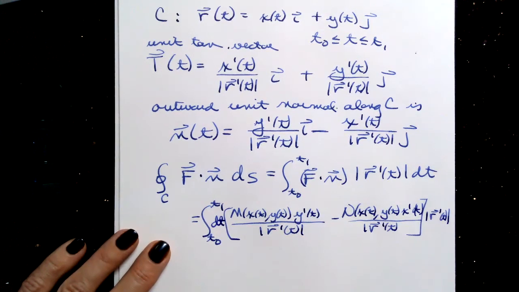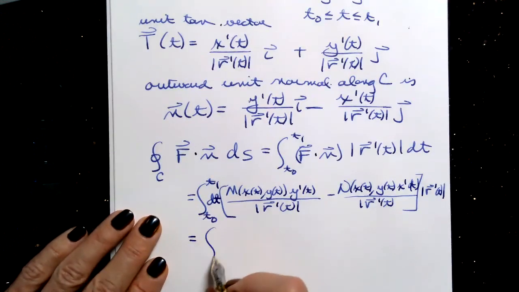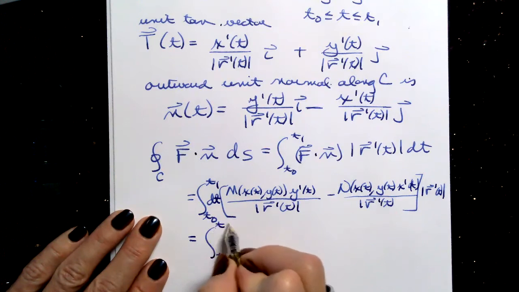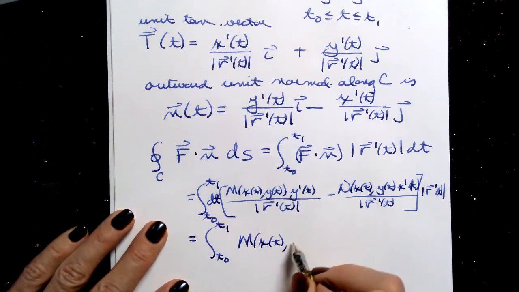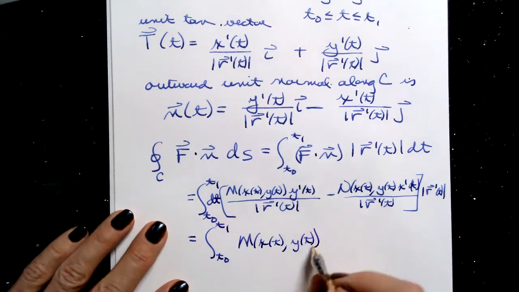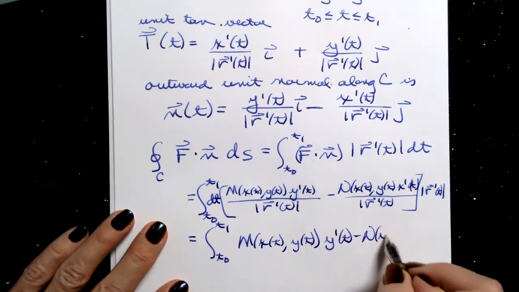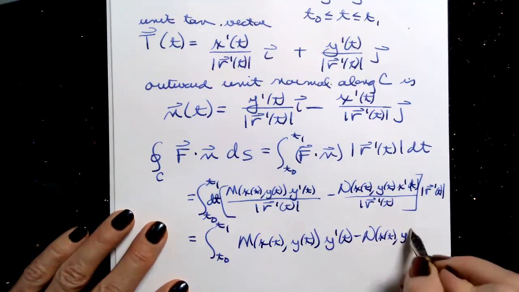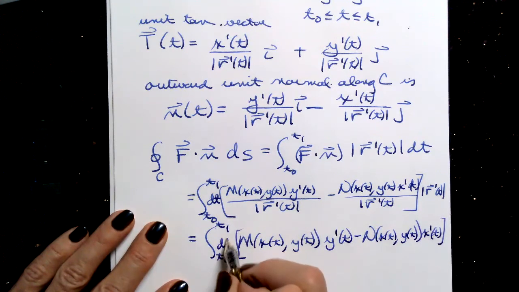Okay. And now notice the length of r'(t) is a common factor in here. It cancels with that one. So what we get is exactly the integral from t0 to t1 of m(x(t), y(t)) y'(t) minus n(x(t), y(t)) x'(t), all times dt.